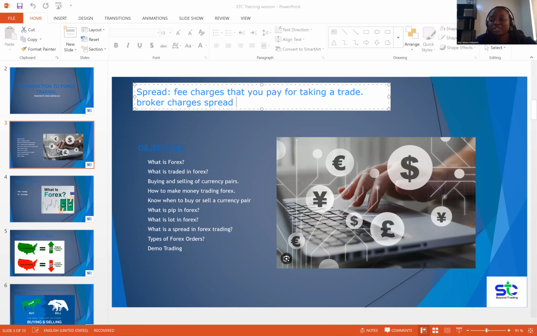So when you pick a particular trade, there's a cost incurred for picking that trade, and that is what we call spread. Different currencies have different spread charges. It's not a fixed amount. Spread is charged depending on the currency you're trading.